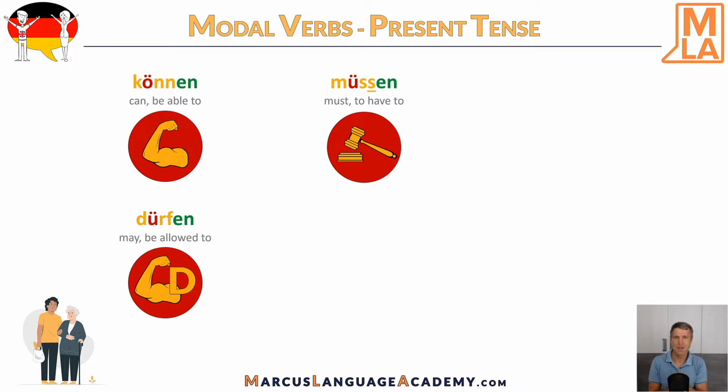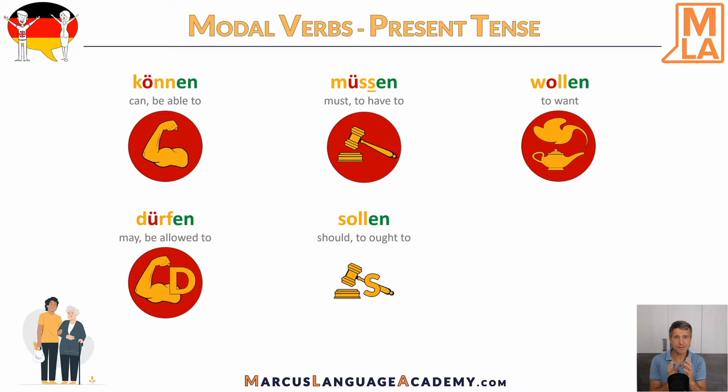Sollen means should or ought to. It is regular, so no red dot is needed. And we add to the judge's hammer an S. So we should do it. Wollen means to want, and it expresses wishes, and that is why the Aladdin's lamp.